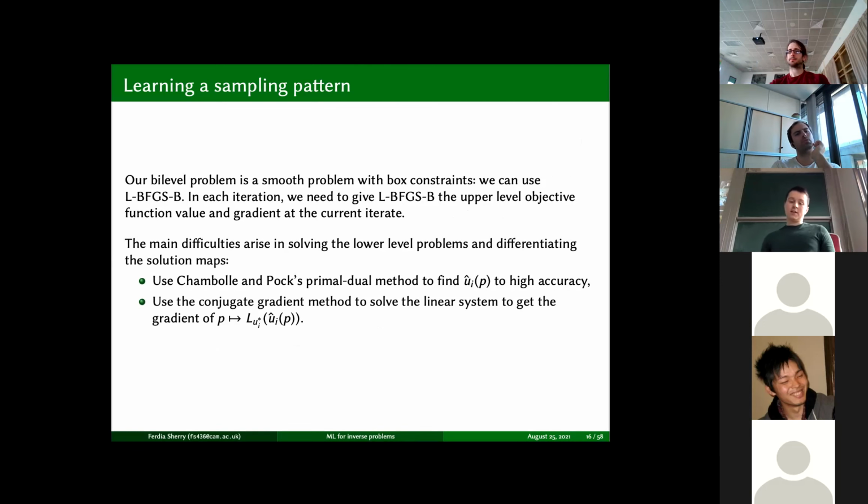In terms of the details of what solvers I'm using for each of the parts, I'm using the famous primal dual method from Chambolle and Pock for the lower level problem.